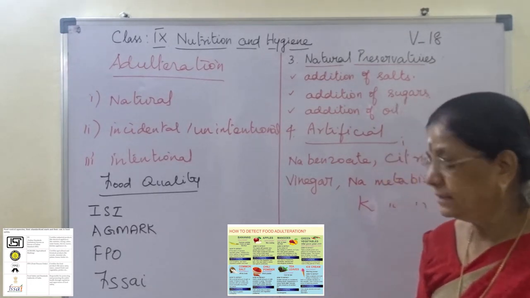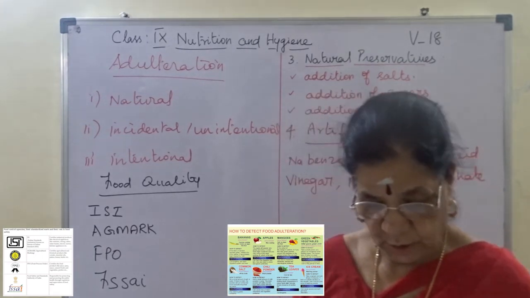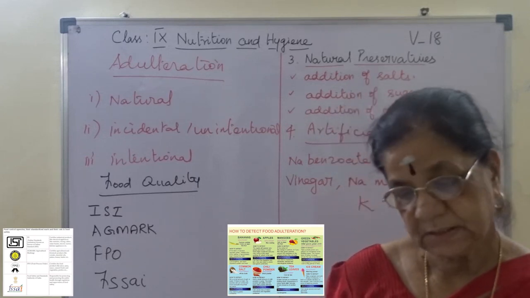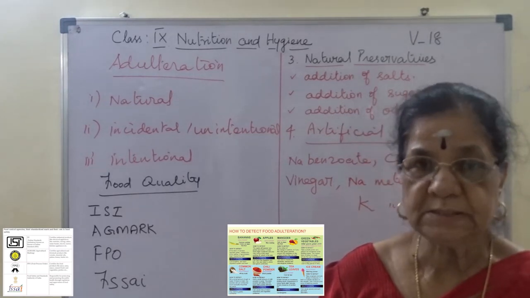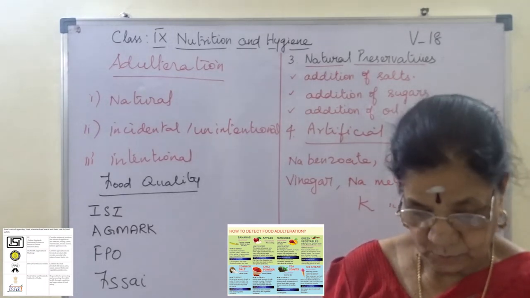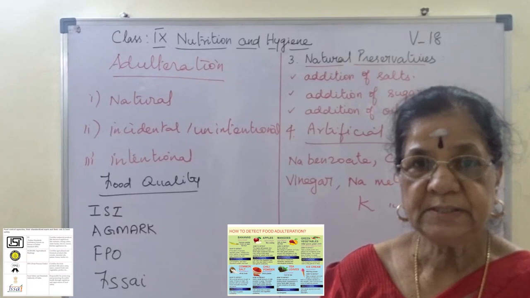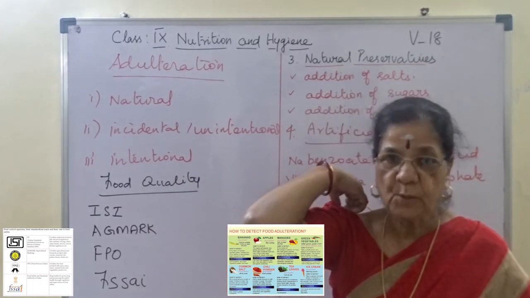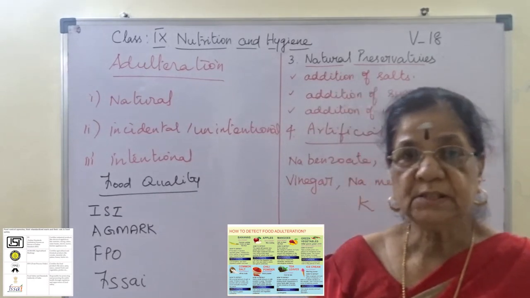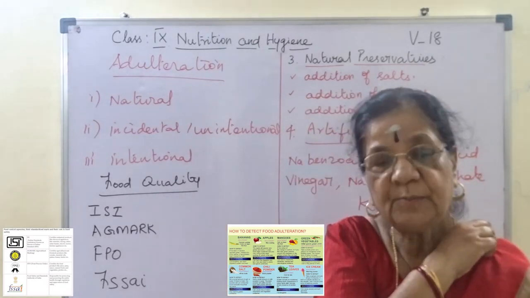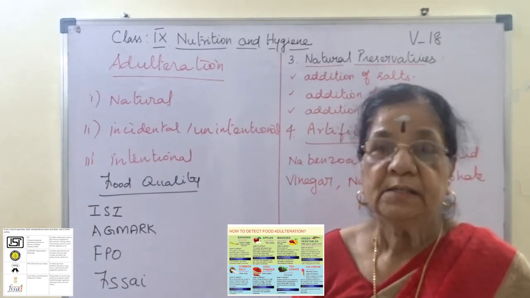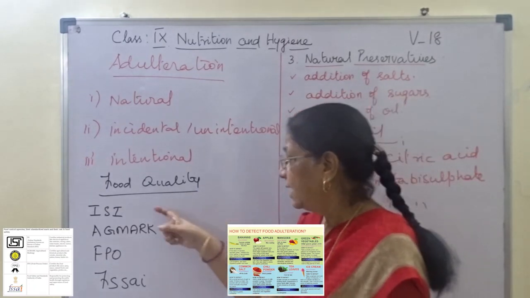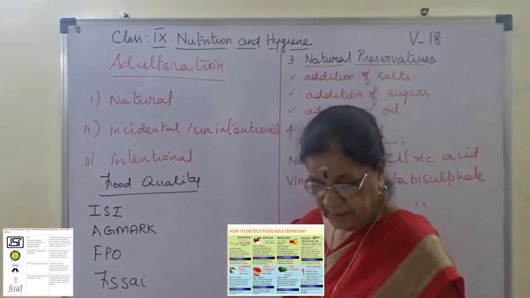The government made laws known as the Prevention of Food Adulteration Act and Prevention of Food Adulteration Rules. The wholesale consumers definitely have to follow the preservation methods, and the agency for food quality control checks whether there is proper storage, proper packing, and no adulteration, that the food is natural. Those food quality control agents are ISI, AGMARK, FPO and FSSAI.